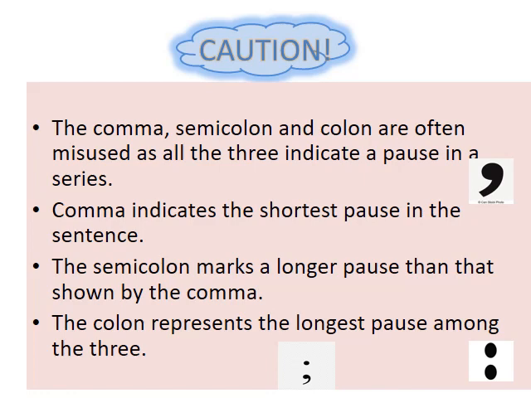Before closing this class, let's revise that comma, semicolon and colon represent the pause. Comma indicates the shortest pause in the sentence. The semicolon marks a longer pause than that shown by the comma, and the colon represents the longest pause among the three in the sentence.